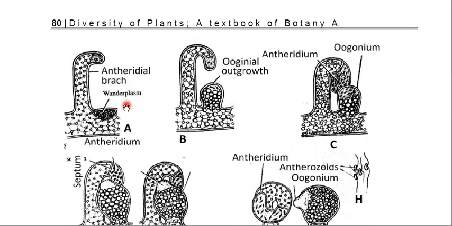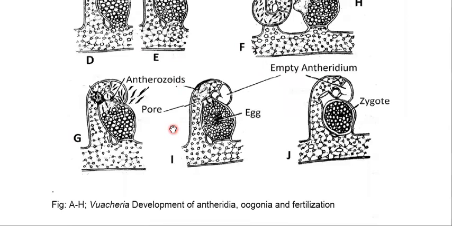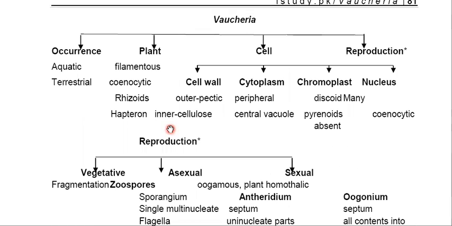This is the developmental or germinating stages of the zoospore formation as well as the formation of Vaucheria. This is a graphical representation to comprehend the study material about Vaucheria: their occurrence, plant body, which type of cell contents are there, and how reproduction takes place.